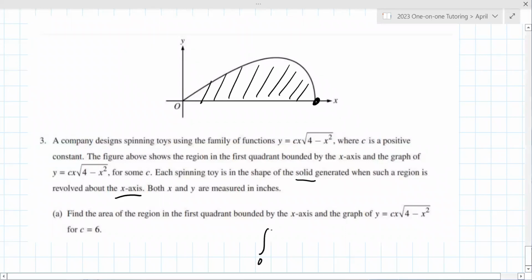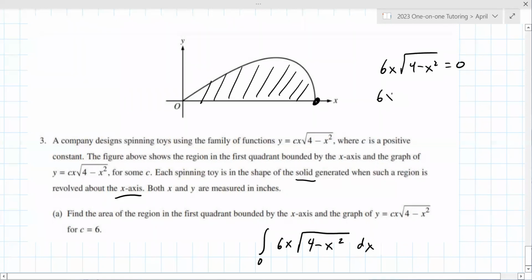It's the integral from 0 to something, 6x square root 4 minus x squared dx. But how would you figure out where this hits the x-axis? Make it equal to 0. That's right. You're going to set 6x square root 4 minus x squared equal to 0.